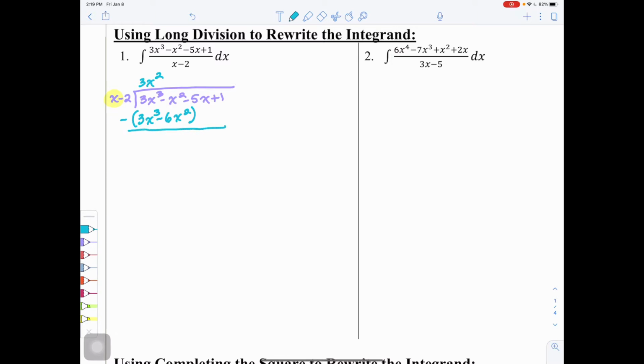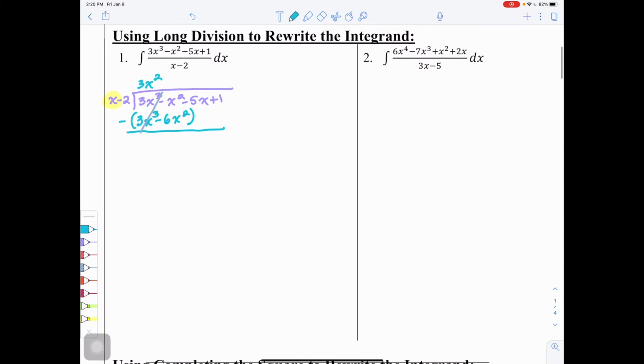I always put parentheses around that when I subtract. 3x cubed minus 3x cubed, we planned it that way. That is 0. If those two terms didn't cancel out, then you made a little bit of a mistake. Negative x squared minus a negative 6x squared leaves a 5x squared.